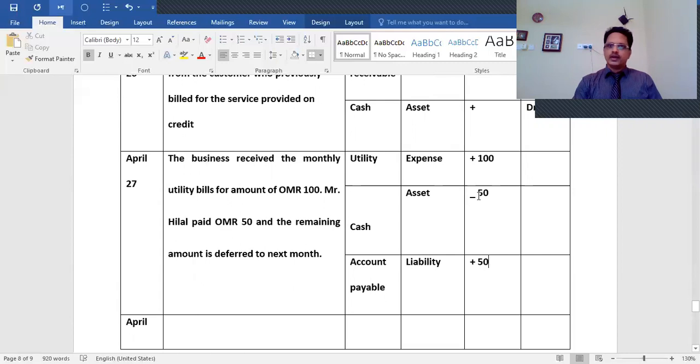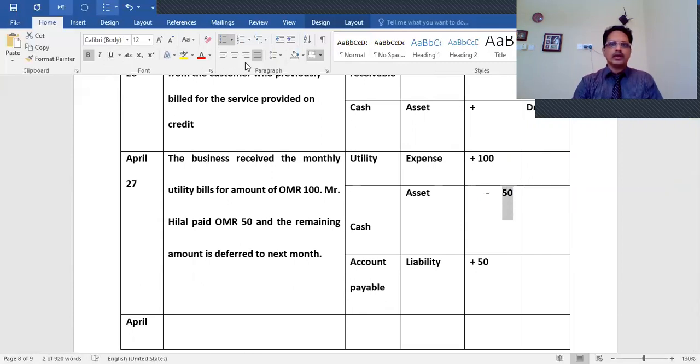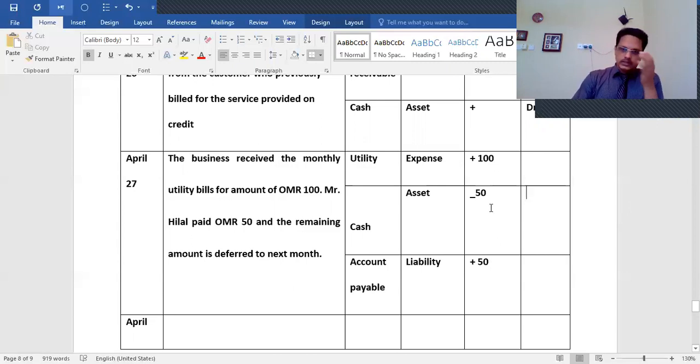Out of that, 50 real you paid already, minus 50, and 50 real you will pay later, plus 50. So 100 real is the expense, 50 real you paid so cash decreased, and the other 50 is your liability.